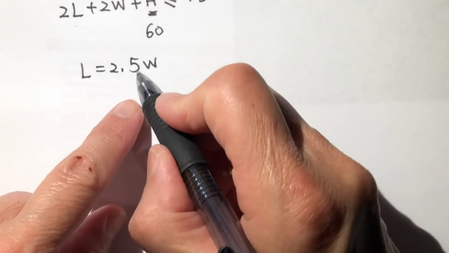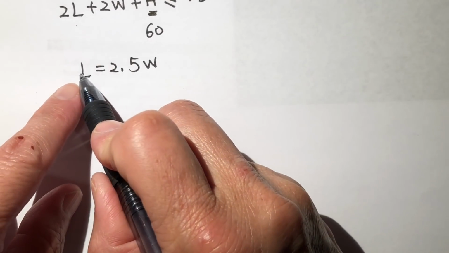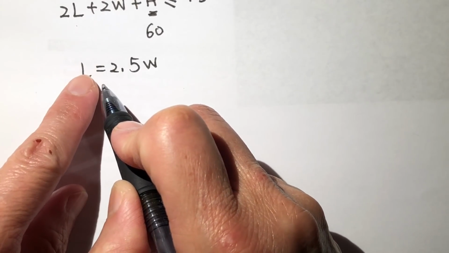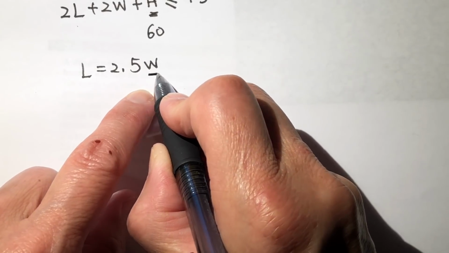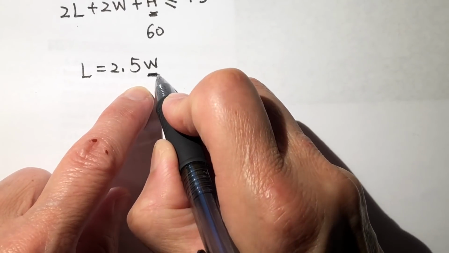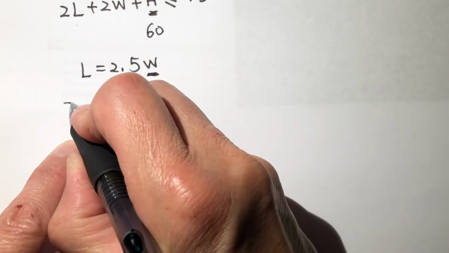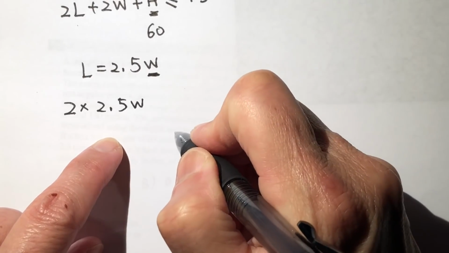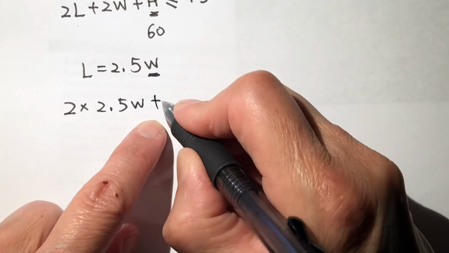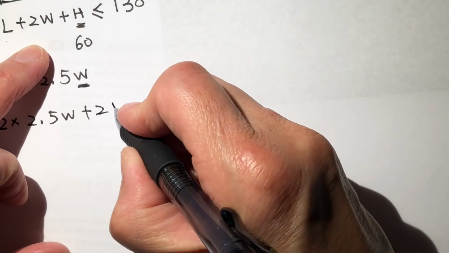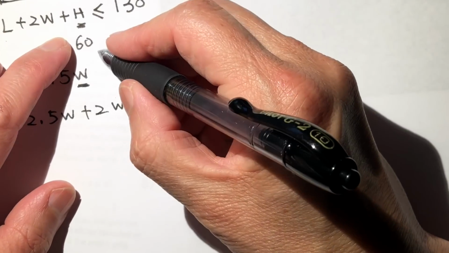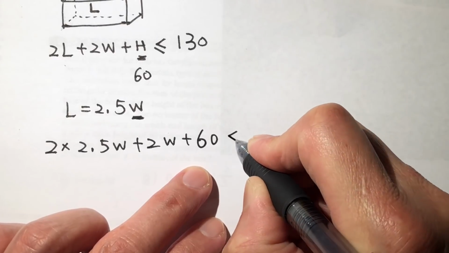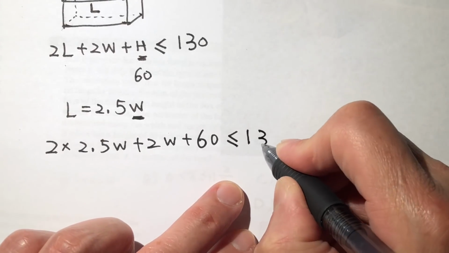So here we can substitute w for L so that we can get rid of the L, because we want to know about the width, right? 2L, 2 times 2.5 W, right? Plus 2W plus H is 60, smaller or equal to 130.